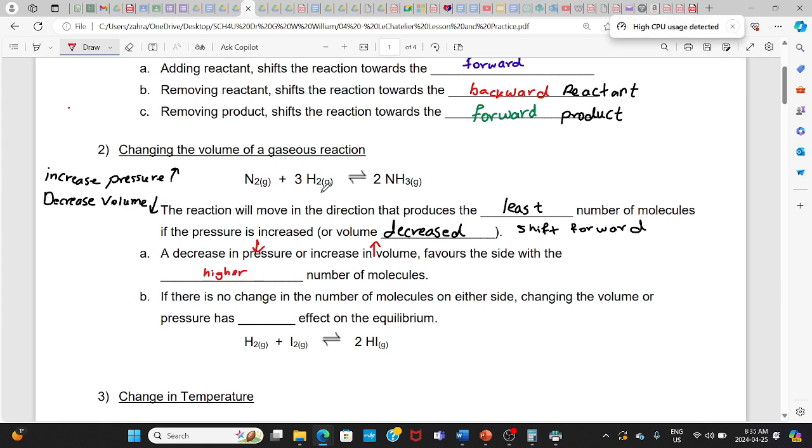Which will be shifted to the right or left? Backward, right? So backward. Now you have more room or more space, so you can have more people or more molecules there. Shift backward.